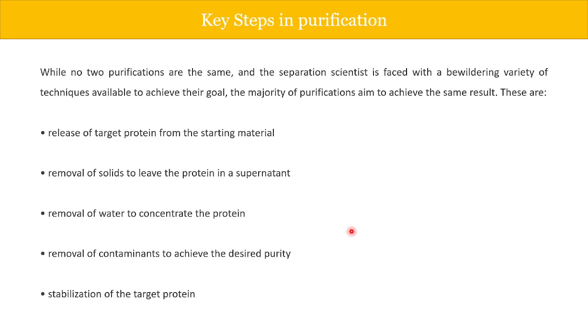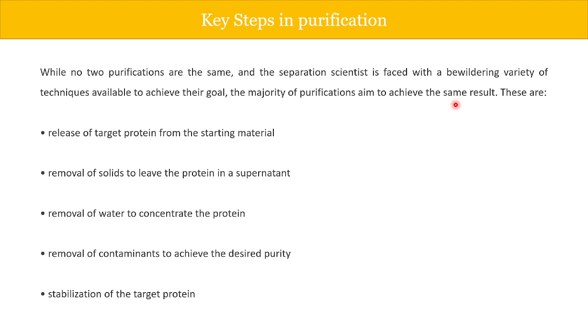Now coming to the key steps in purification. While no two purifications are the same, the scientist is faced with a bewildering variety of techniques available to achieve their goals. The majority of the purification techniques aim to achieve the same result. So we can use different purification techniques and get the same result.